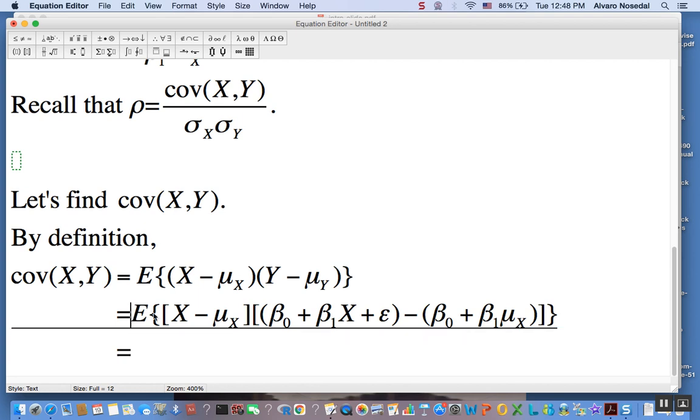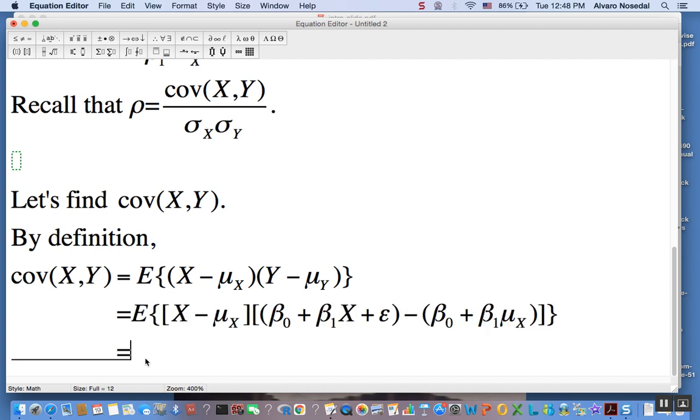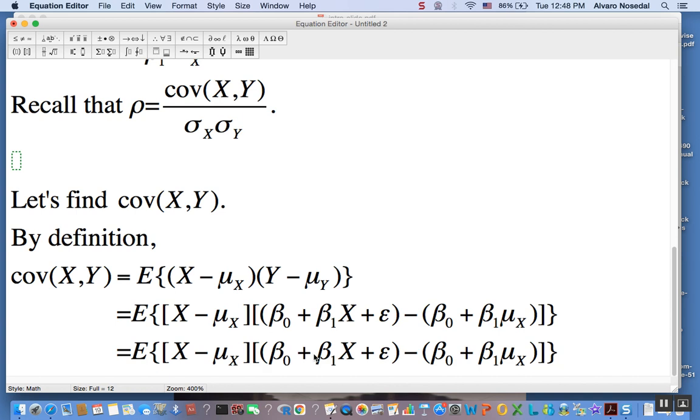So let me copy paste here and simplify that a little bit. We said that we are not going to have those beta zeros.